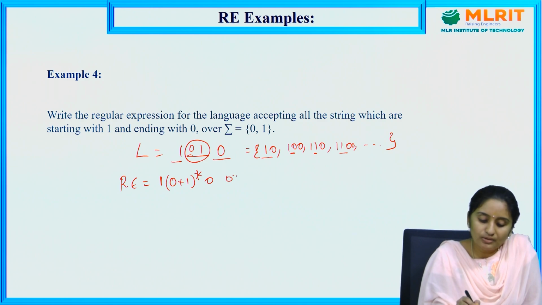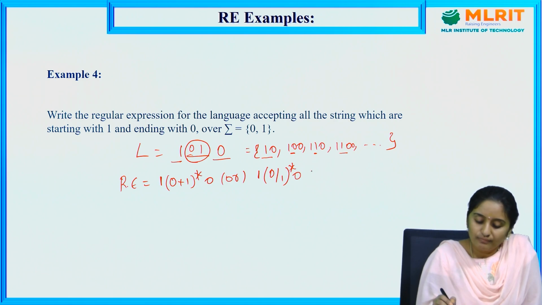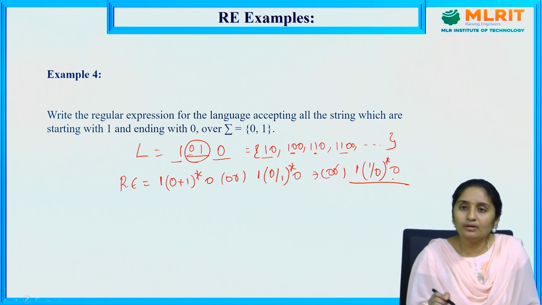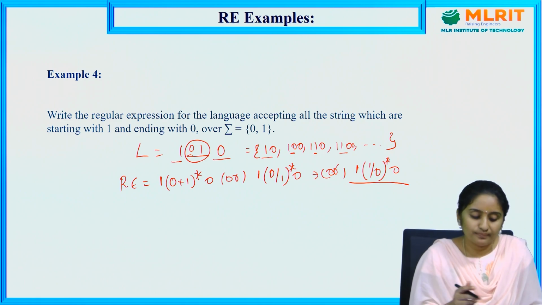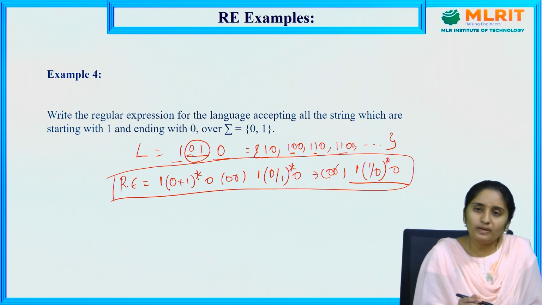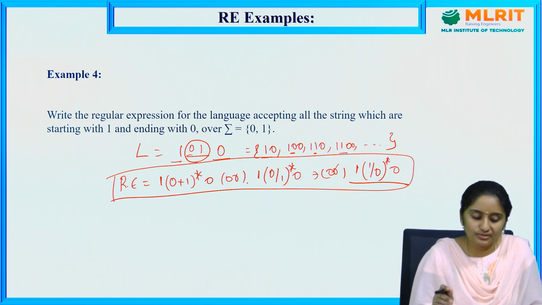Or we can also write it as 1 (0 or 1) whole star 0. Anything, this is also one regular expression. Doesn't matter, 0 plus 1 or 0 or 1, both point to the same.